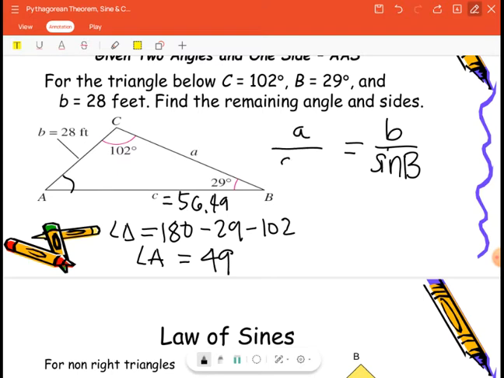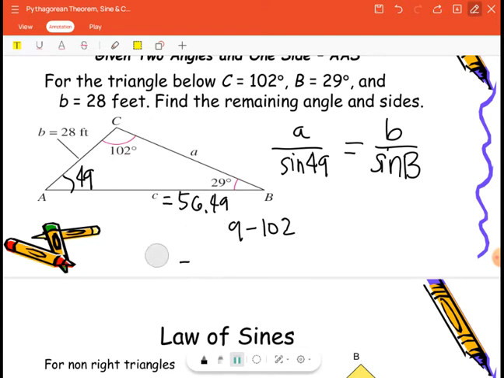Side A is sine of 49. Okay? Tapos cross multiply ulit tayo dyan. Ito ay 49. Okay? Cross multiply tayo. Yung A ay wala. Side A. Yung sine 49 meron. Okay?